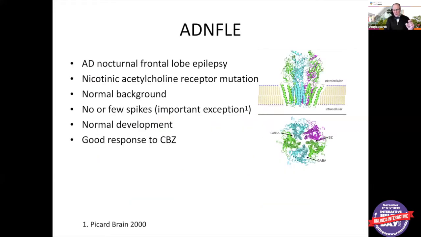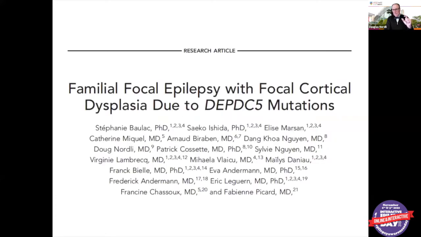What we're finding out is that with these epilepsies, you can often figure out that they are due to 1 or 2 different mutations. In the case of nocturnal frontal lobe epilepsy, it's due to a mutation in this gene, the acetylcholine receptor, and I published with co-authors on this. You can also see it due to mutations in a gene called DEPDC5.